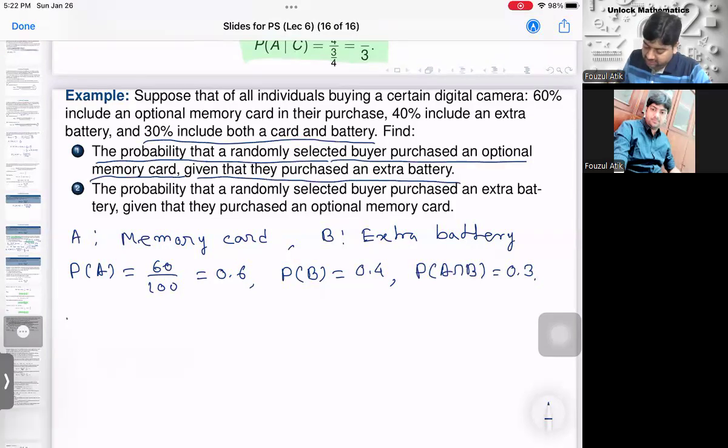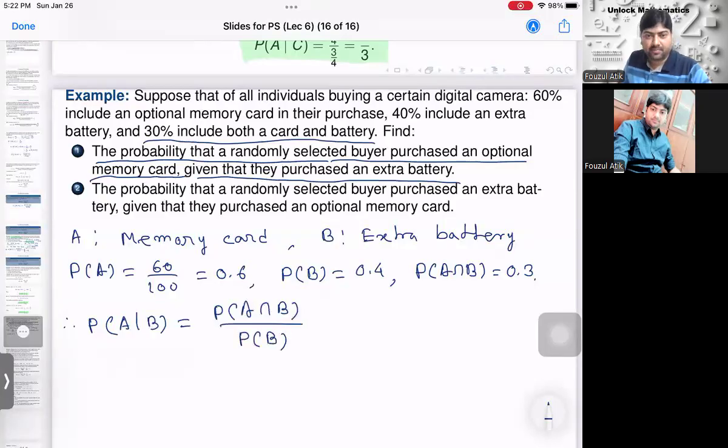So we have to find the probability of A where they already bought a battery, so probability of A given B. Now we know the formula. It is P of A intersection B divided by P of B. Substitute the values: 0.3 divided by 0.4. So it is 3 by 4.